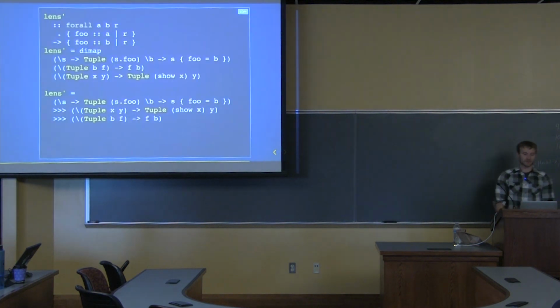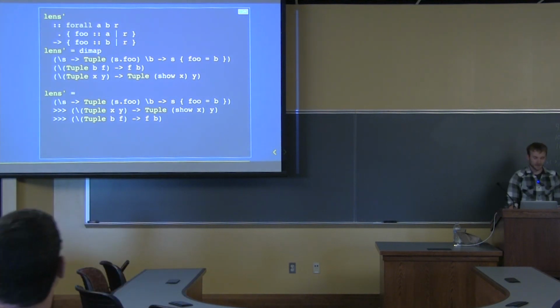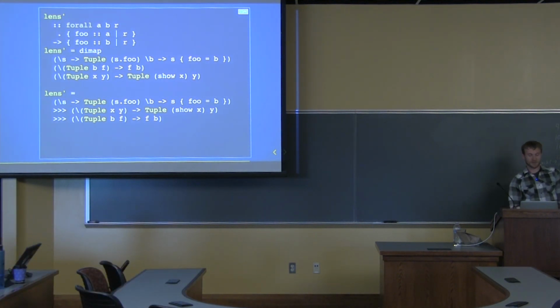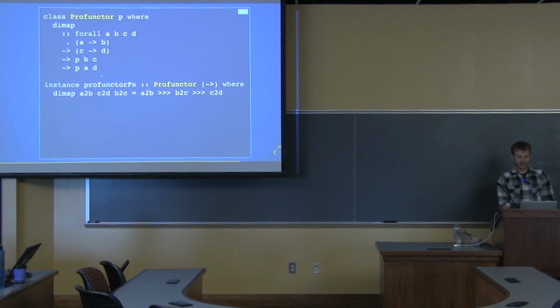So now we can start thinking about, okay, if we apply DIMAP, we passed in these three functions, and so the result of that is, you remember, you basically take the first function and compose it with the third function and compose it with the second function.